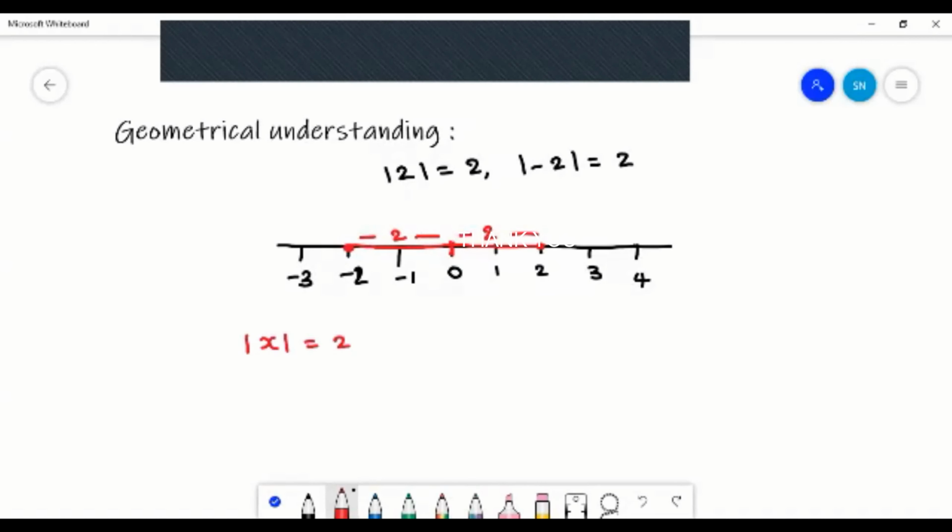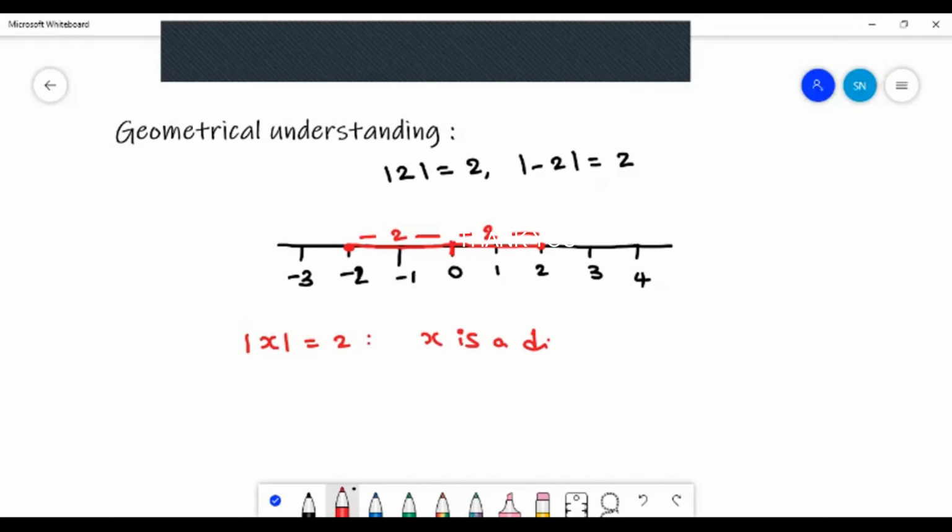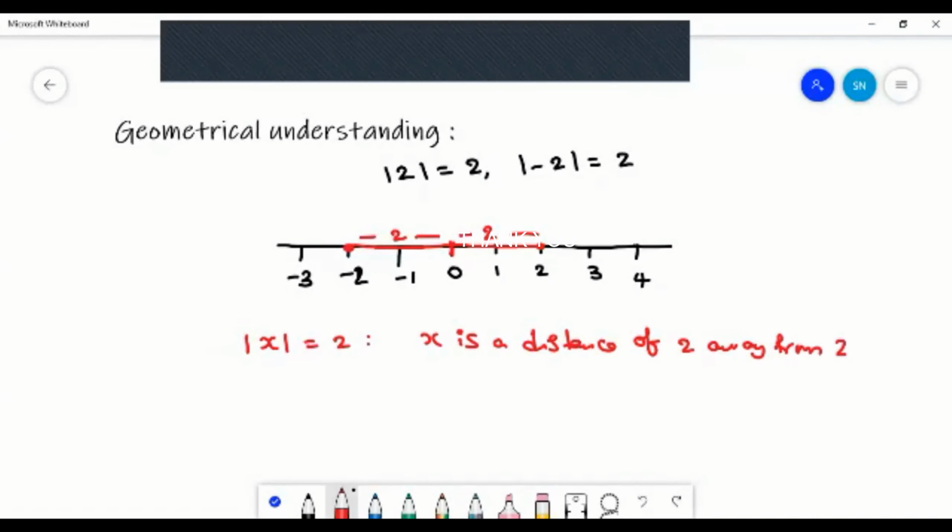If modulus of x is equal to 2, we can understand that x is a distance of 2 units away from 0 along the number line.